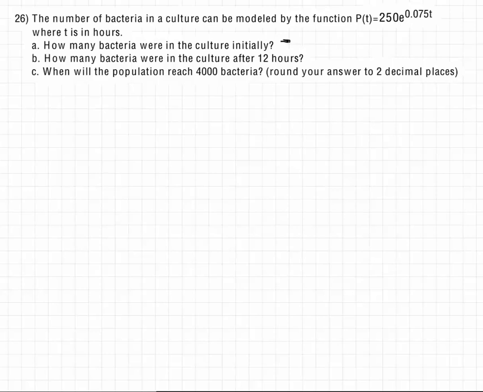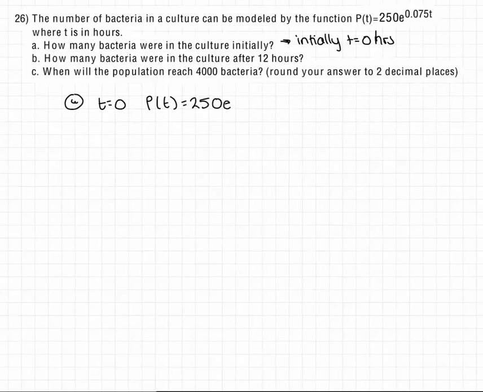So we know that our initial time is when t is equal to 0 hours. So we can go ahead and plug in 0 for t. So t is equal to 0, and we have our original function p of t is equal to 250 e to the power of 0.075 t.